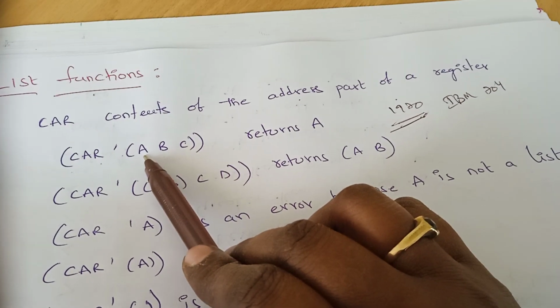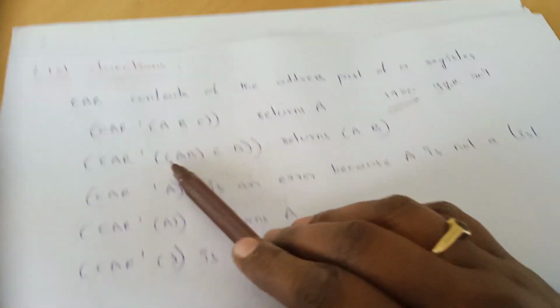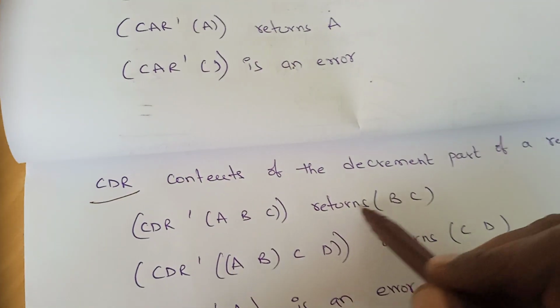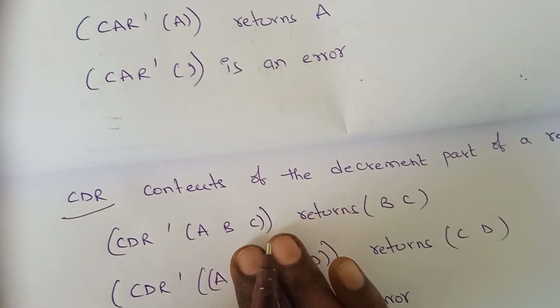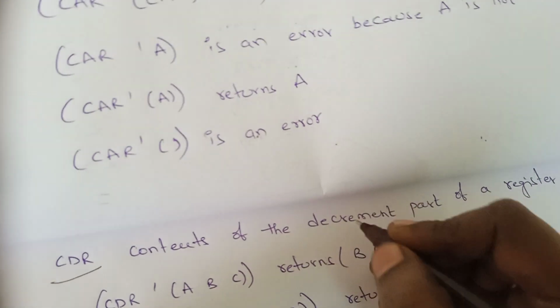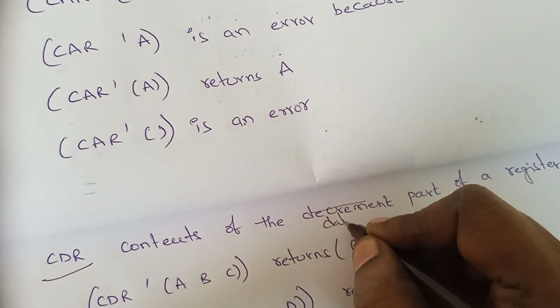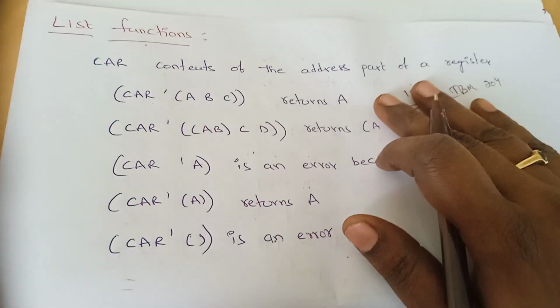Address part means the function entity. Data part means the parameters. Contents of the data part of a register, contents of the address part.